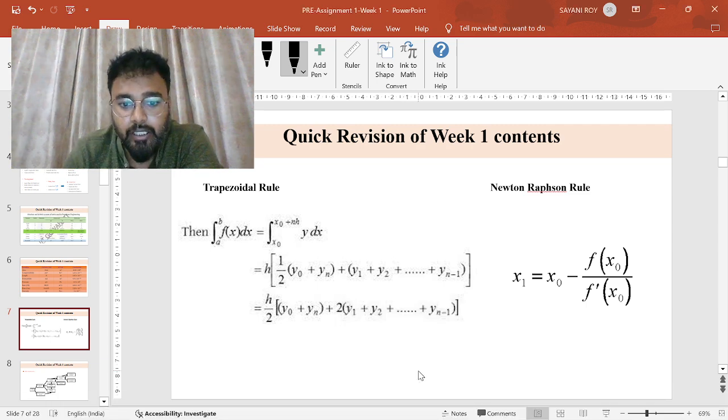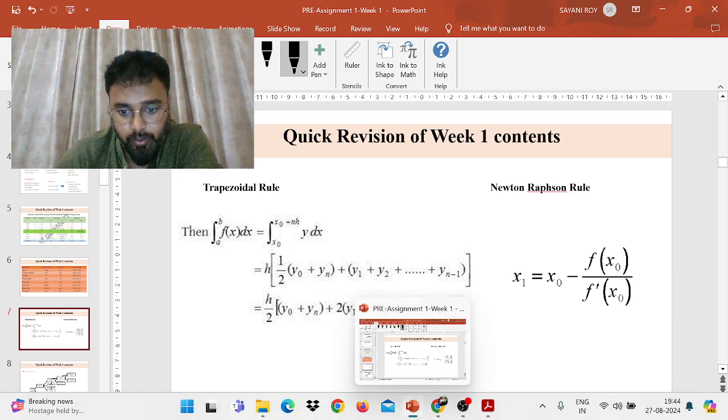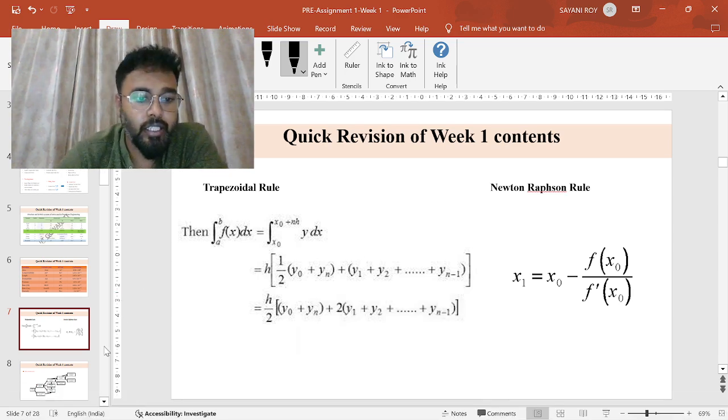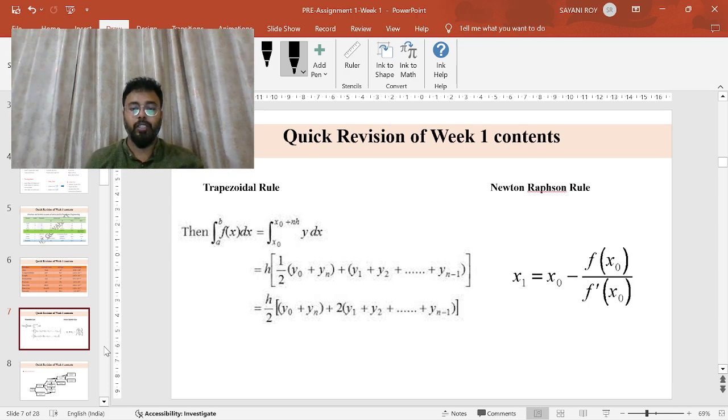Can you see the slides now? Okay, hopefully you can see the slides. Then write down the equation, then we'll go to the next.